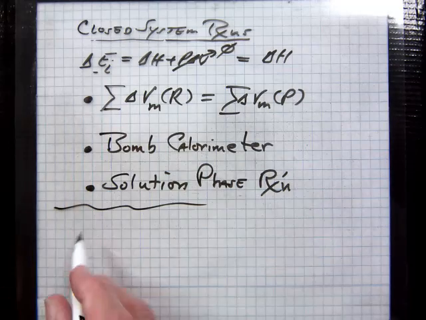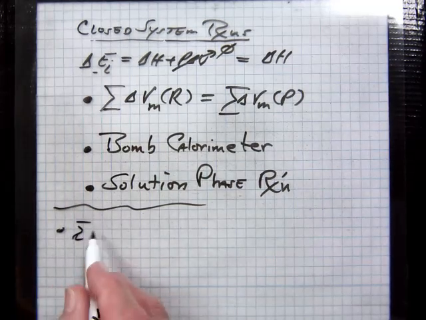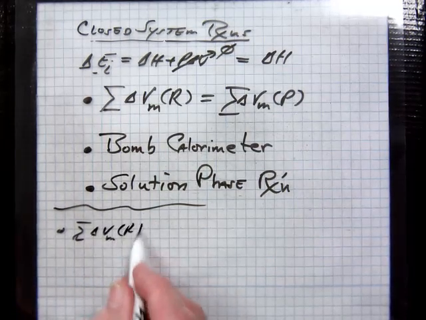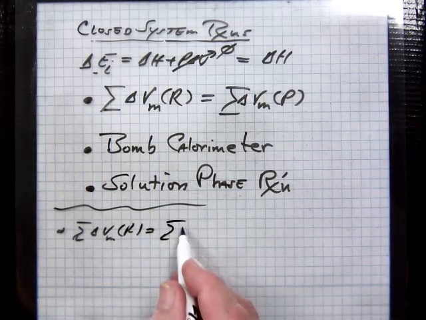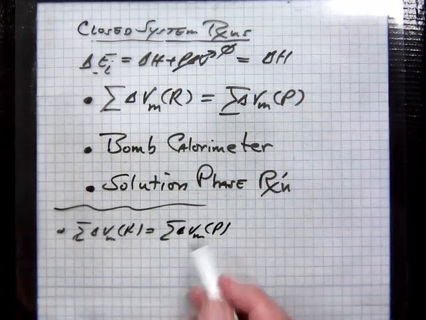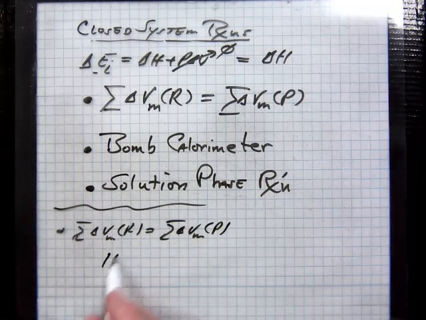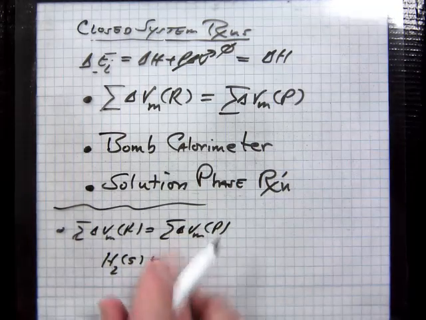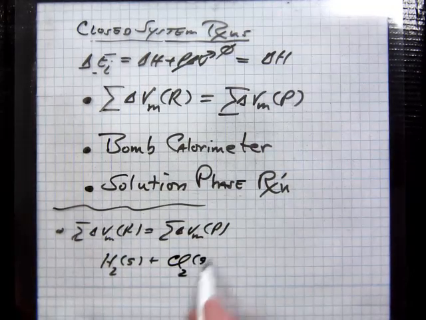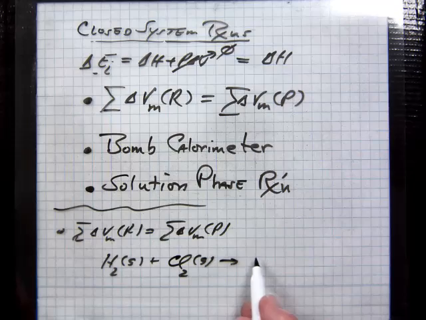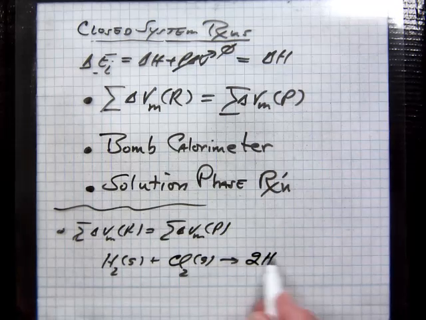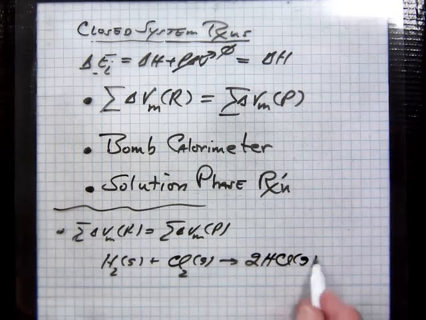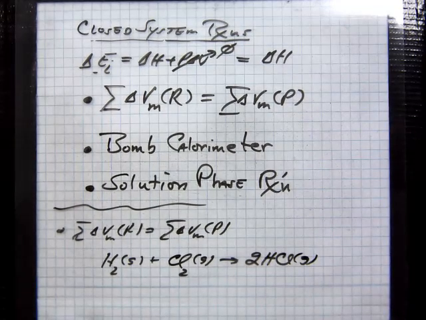For the first case, where we have the sum of molar volumes of the reactants equal to the sum molar volumes of the products, and this is simple enough to understand, you have hydrogen gas plus, say, chlorine gas that goes to 2HCl gas, hydrogen chloride gas.